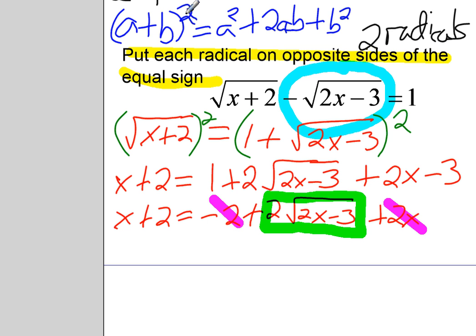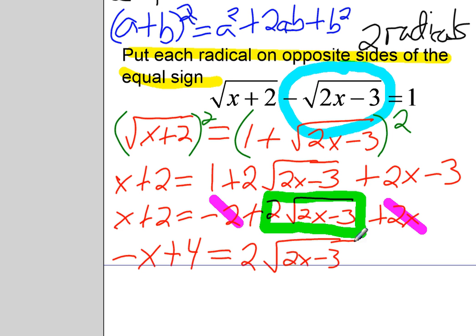So x subtract 2x is negative x. I'm bringing that 2x to the other side of the equal sign. And then 2 plus 2 is 4. So I brought those 2 terms that I crossed out in pink to the left-hand side of the equal sign. The right-hand side is 2 radical 2x minus 3.